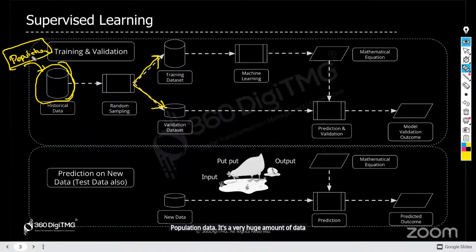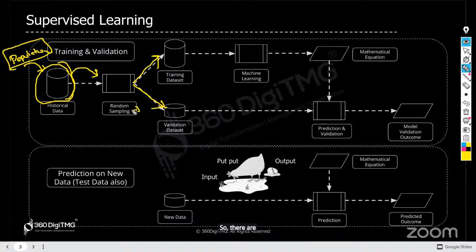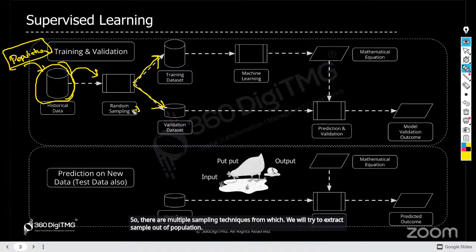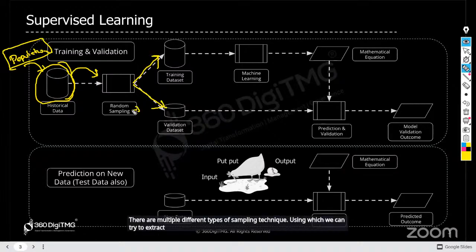What we will do is convert it into different samples. We have simple random sampling, stratified sampling, systematic sampling, convenience sampling. There are multiple sampling techniques from which we can extract a sample out of the population.